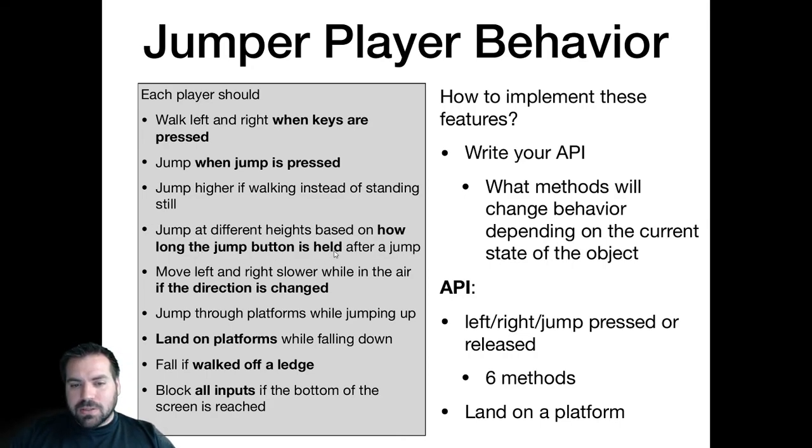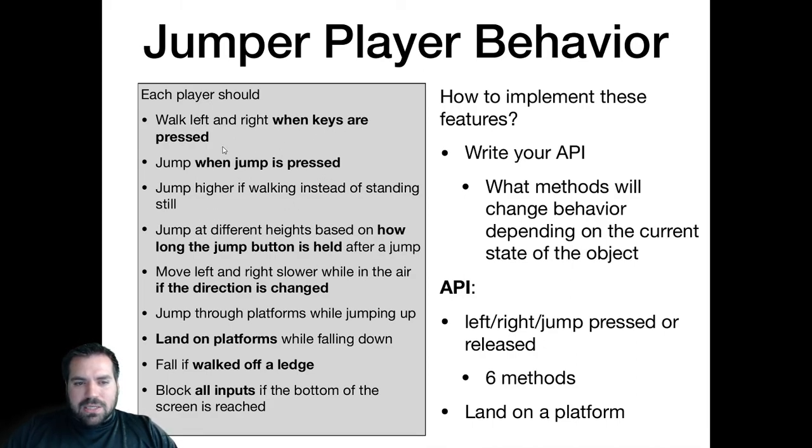If the jump button's released when I'm jumping up in the air, that should have different behavior than if the jump button's released after I land on the ground or as I'm falling back down. That should have no behavior if I'm falling down or if I'm standing on a platform. But if I release the jump button as I'm jumping up, then that should have the behavior of dampening my jump.